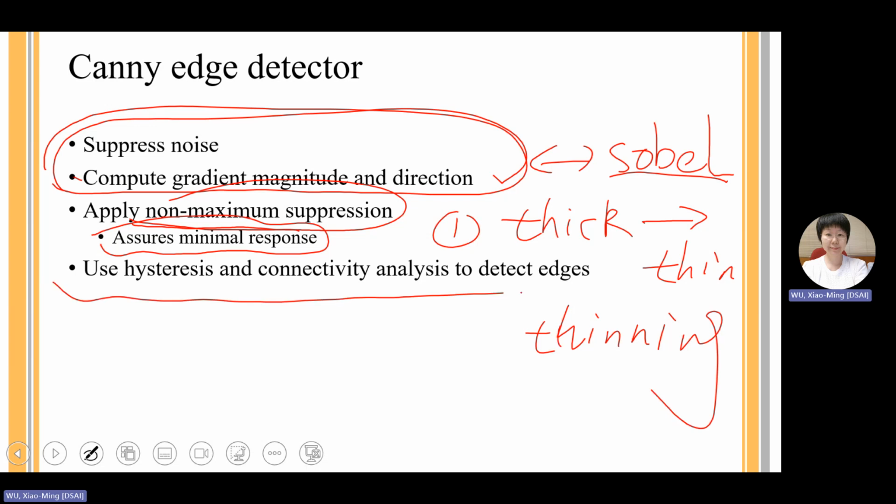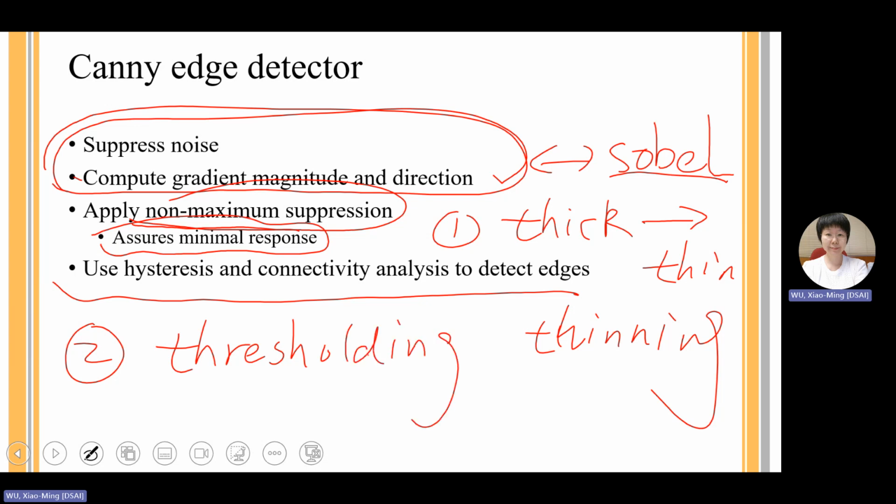And the second one, as we showed before, is how to do thresholding. In Sobel, it's difficult to choose a proper threshold, because if the threshold is too low, it retains too much detail.